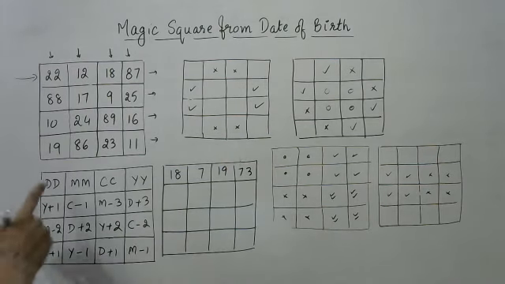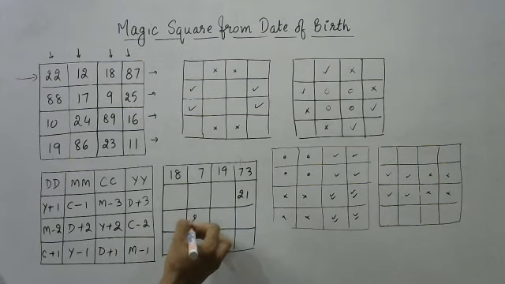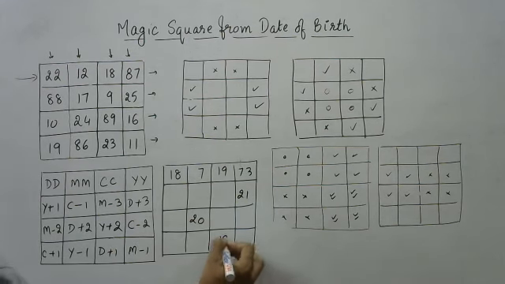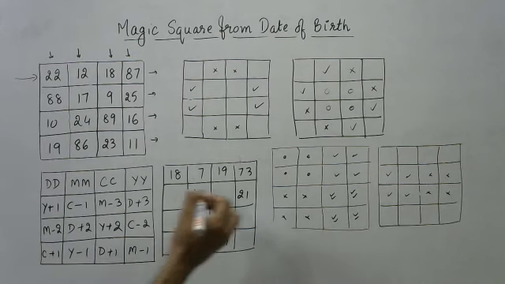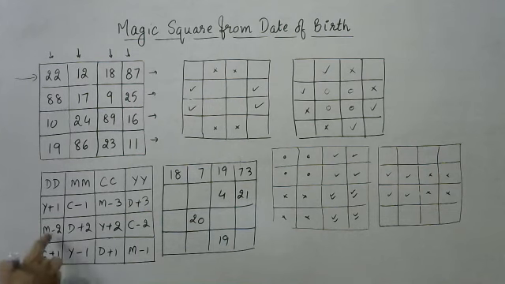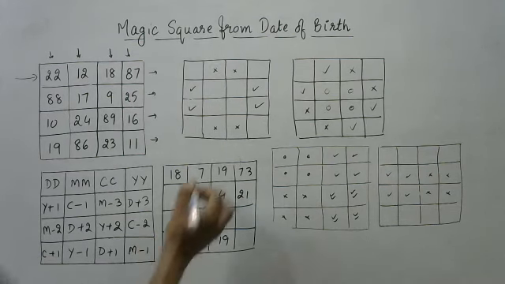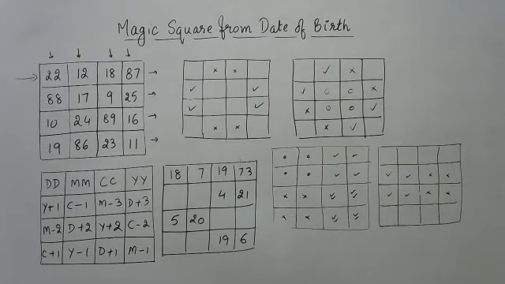Now date plus 3, 21, date plus 2, 20, date plus 1, 19. Month minus 3, so the month is 7, right? So minus 3 is 4, month minus 2, 7 minus 2 is 5, and month minus 1, 7 minus 1 is 6.